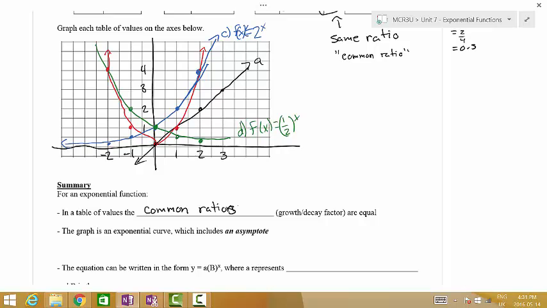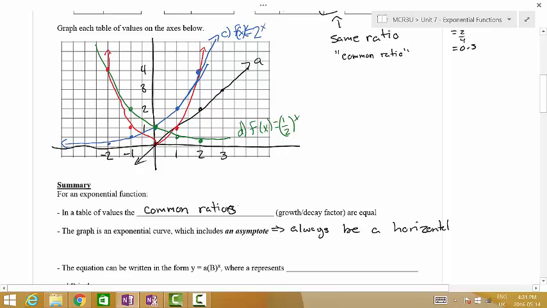The graph of an exponential curve will always have an asymptote, and that asymptote will always be a horizontal asymptote. So depending on where that graph is, it could look like this, for example, and we would have a horizontal asymptote that the exponential is never actually going to touch.